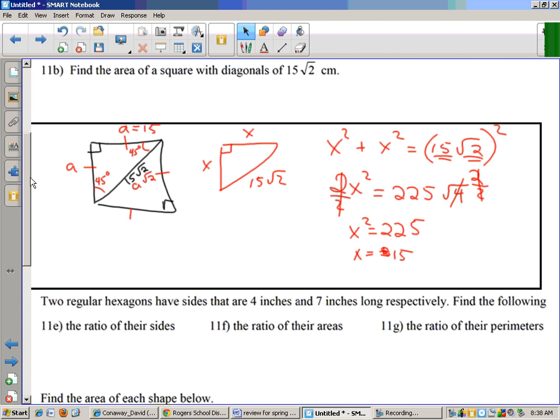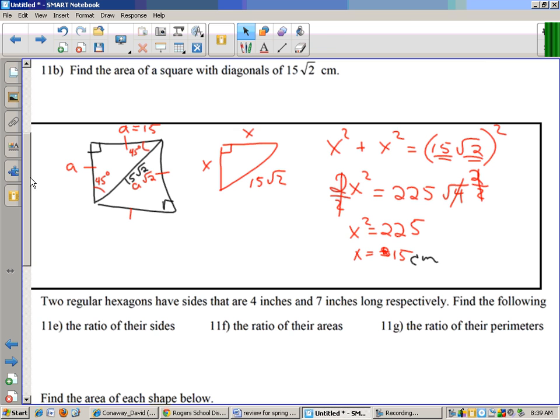Thank you, 15 centimeters. Don't forget your units. We have just found x. X is a length, so it's not the area. It would not be squared. But we are going to need to use that to find the area.